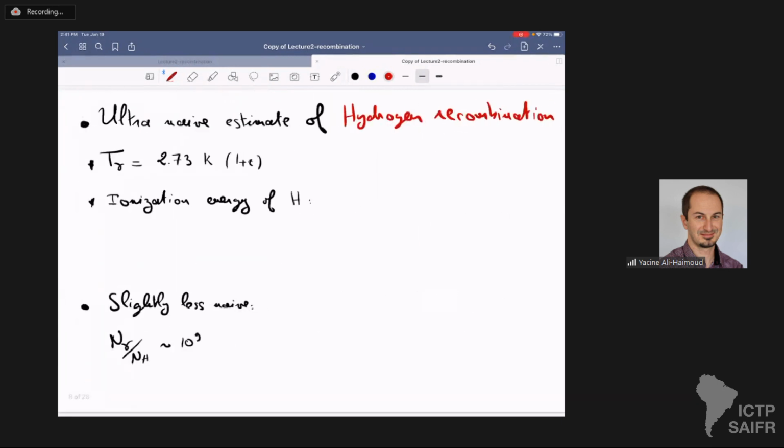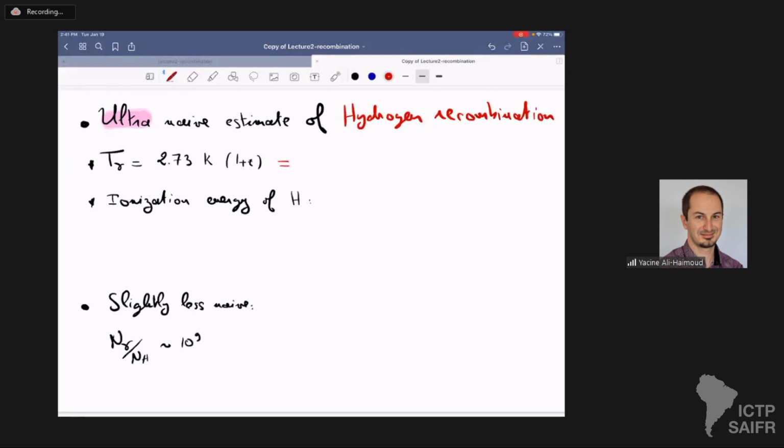Let's start with a very, very, very ultra naive estimate. Emphasize this is really super naive. The temperature of CMB photons today is 2.73 Kelvin. We know that this temperature was hotter in the early universe. It scales as 1 over the expansion factor, which is 1 plus z.